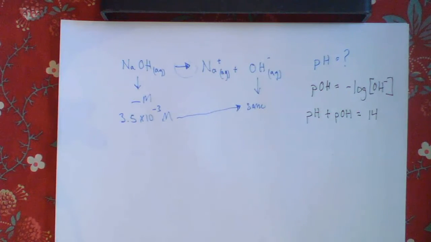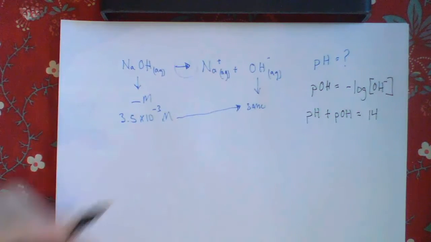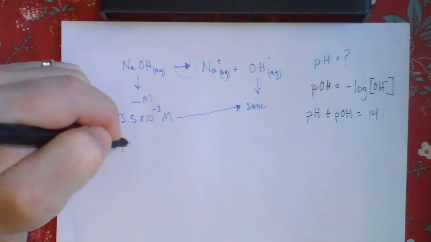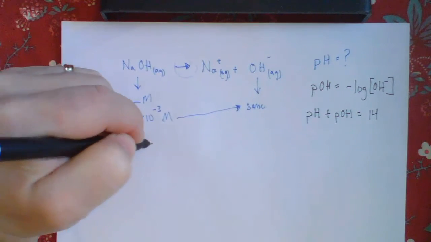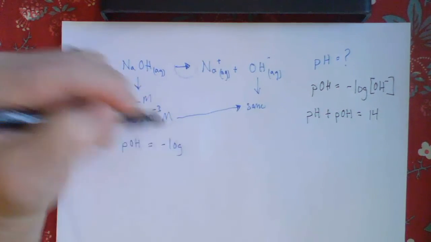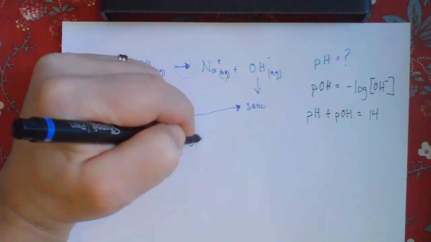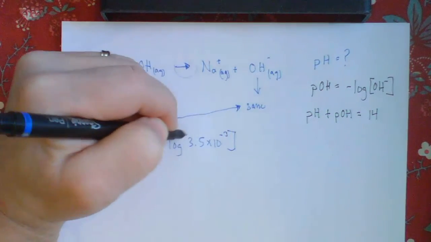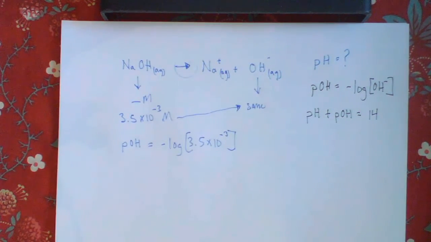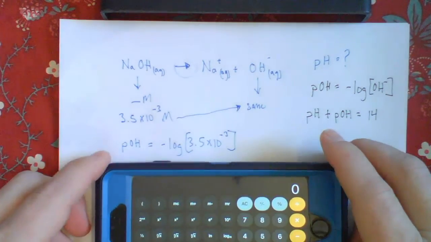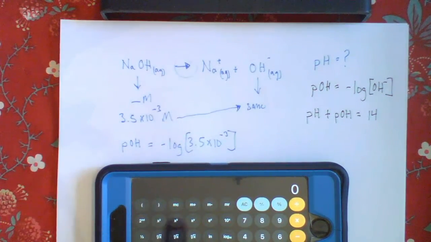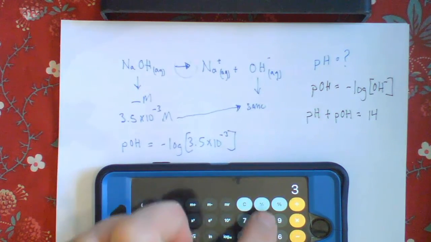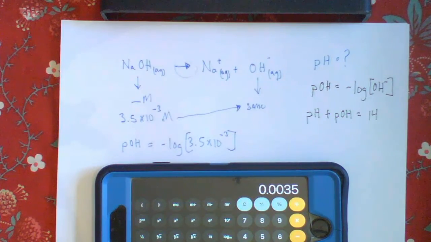So what I'm going to do here is find my pOH first. I'm going to find the pOH of our solution by taking the negative log of our concentration, so 3.5 times 10 to the negative third. And we'll set that up on our calculator to figure out what our pOH is. Alright, so we've got our 3.5 times 10 to the negative third. There's our concentration.